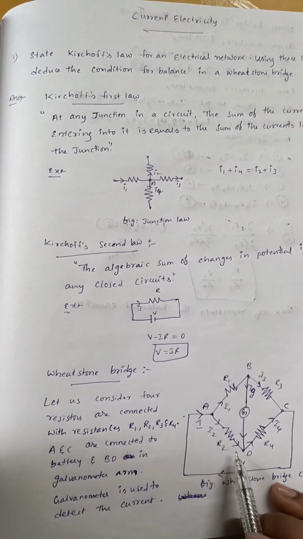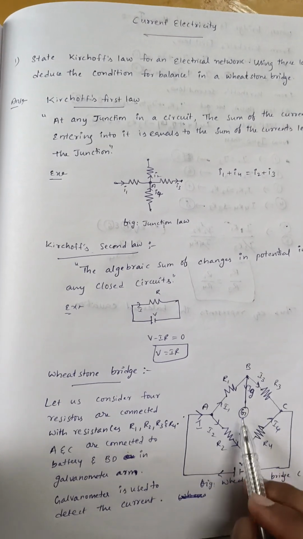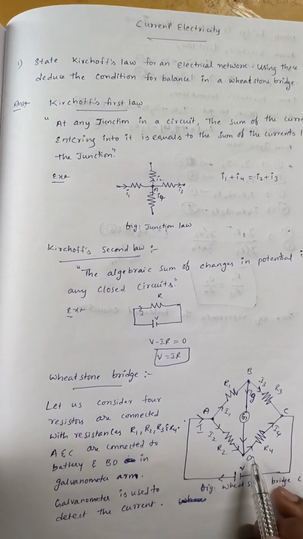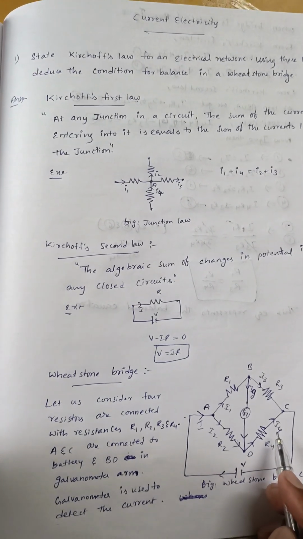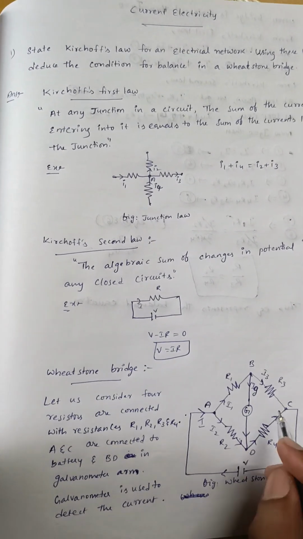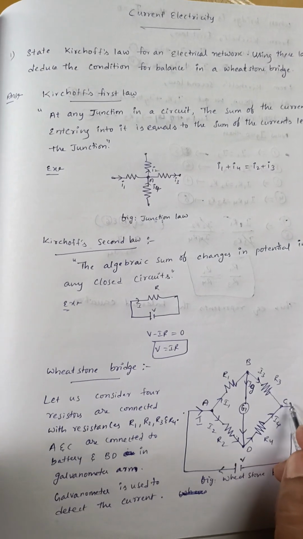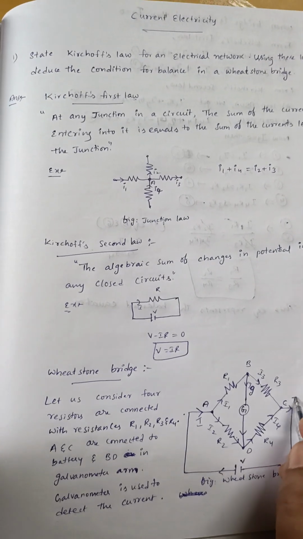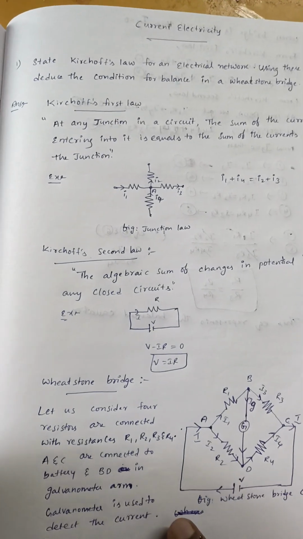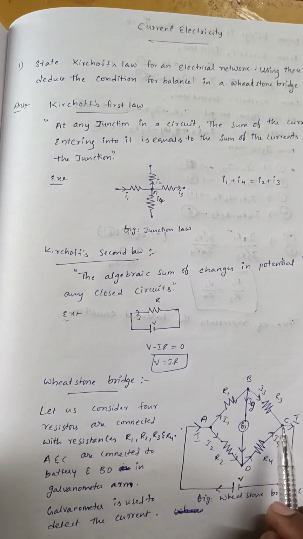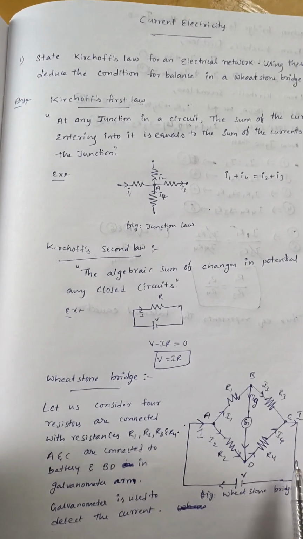At D, I2 and Ig form I4. Then I3 and I4 combine to give current I.